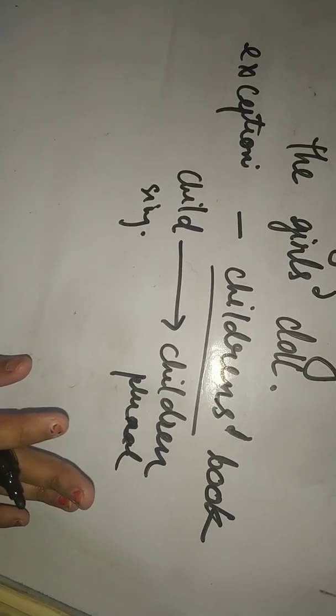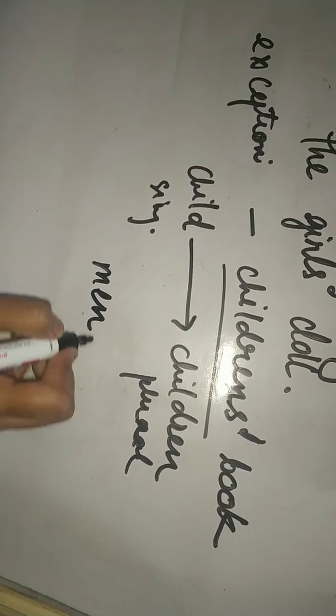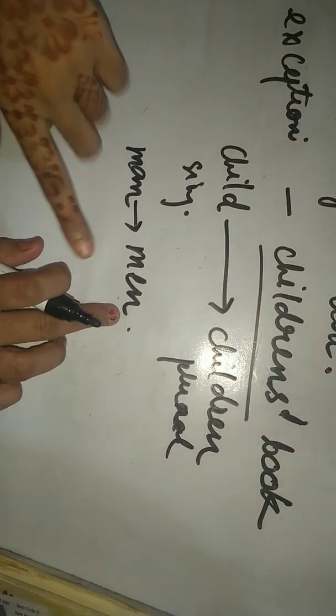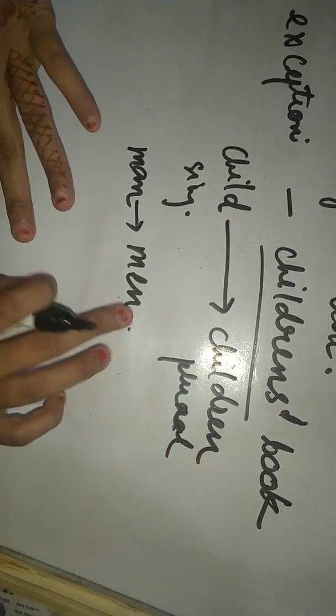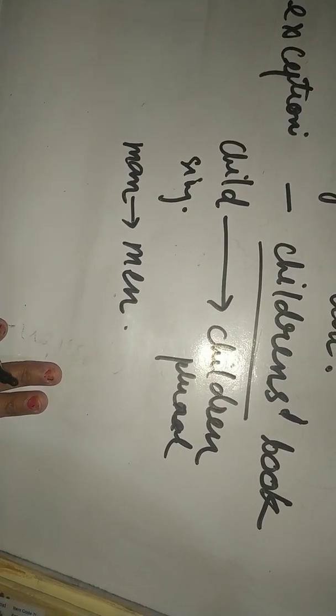Clear? Similarly, men is itself the plural of man, so we don't add the apostrophe after the s in men. We don't write like this. Both these plural nouns are not ending with s or es, so this is also a reason that we don't use the apostrophe after the word. Okay, so we write like this.